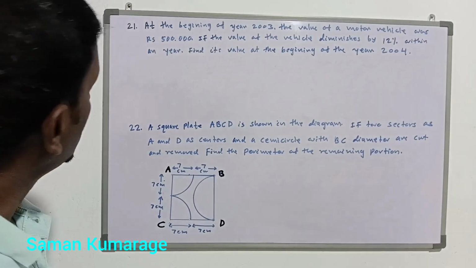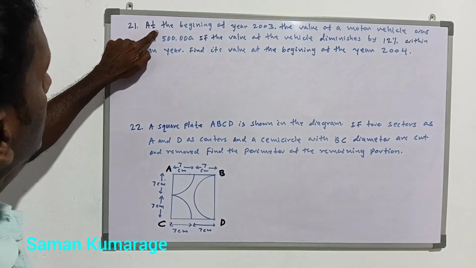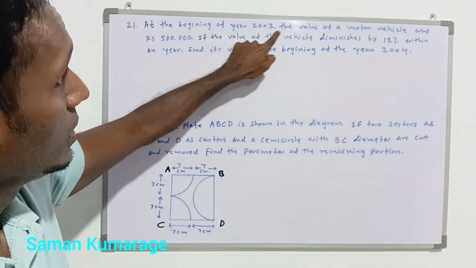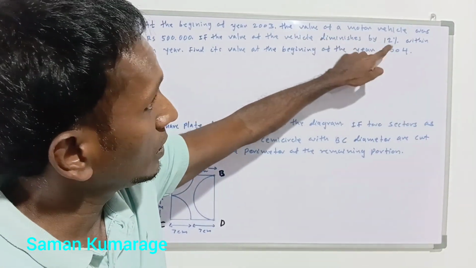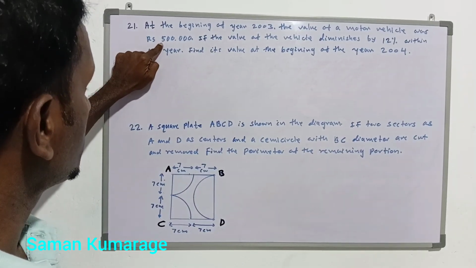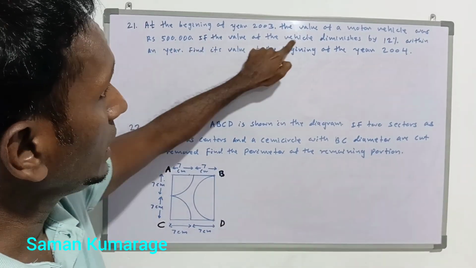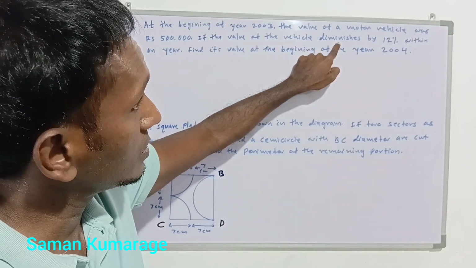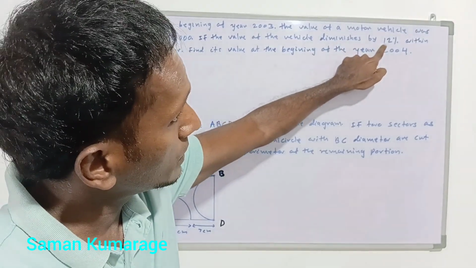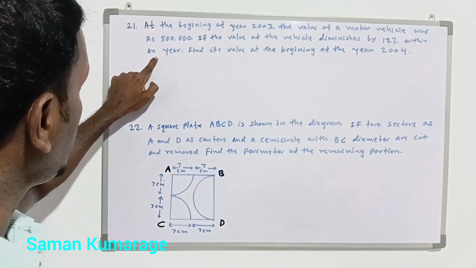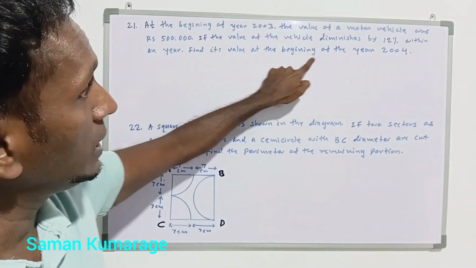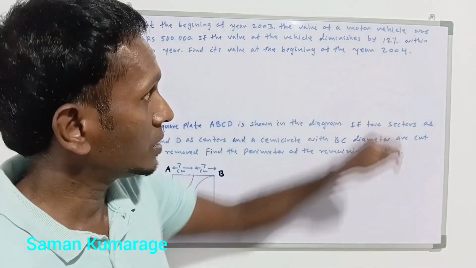Question number 21. At the beginning of year 2003, the value of a motor vehicle was 500,000 rupees. If the value of the vehicle diminishes, means decreases, by 12% within a year, find its value at the beginning of the year 2004.